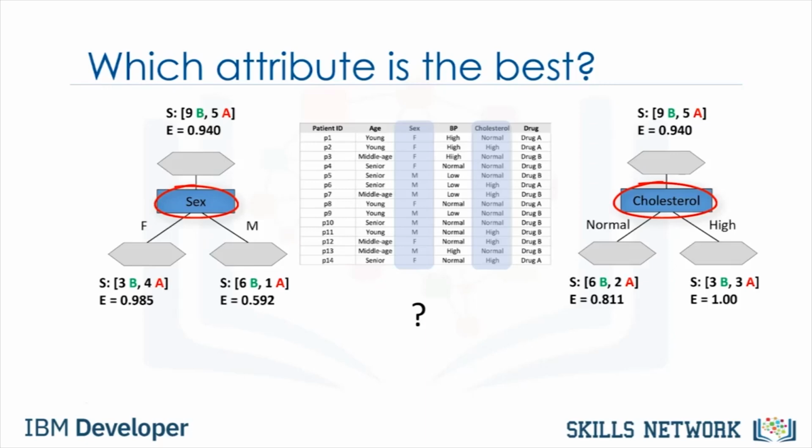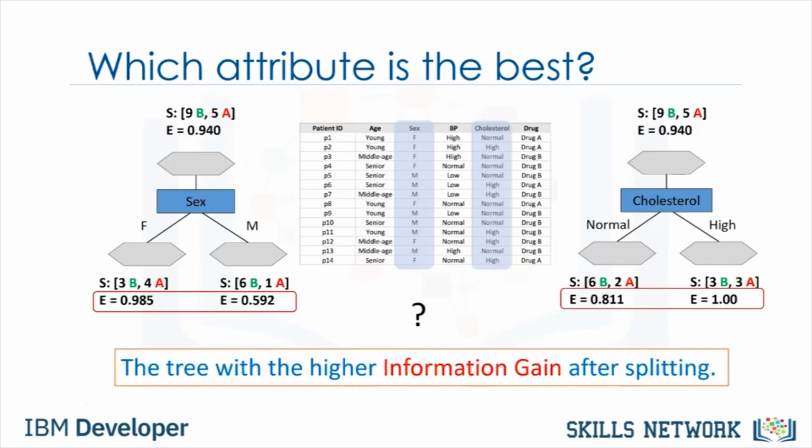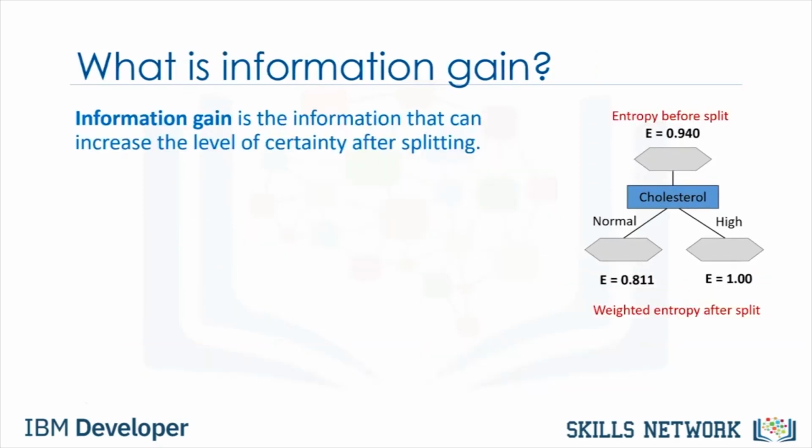Or in which tree do we have less entropy after splitting rather than before splitting? The sex attribute with entropy of 0.98 and 0.59, or the cholesterol attribute with entropy of 0.81 and 1.0 in its branches? The answer is the tree with the higher information gain after splitting.